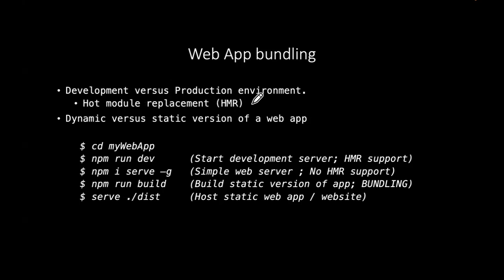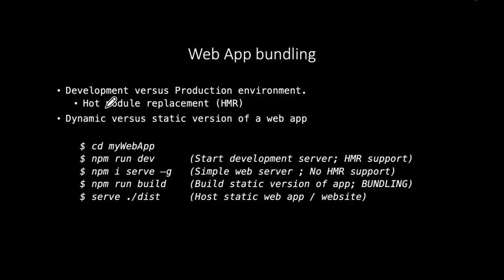HMR, as you know, is this notion that if you make changes to the React source code and just save the changes, then those changes are dynamically pushed to the browser, so you get an immediate feedback as to what the effect of the changes that you made are.